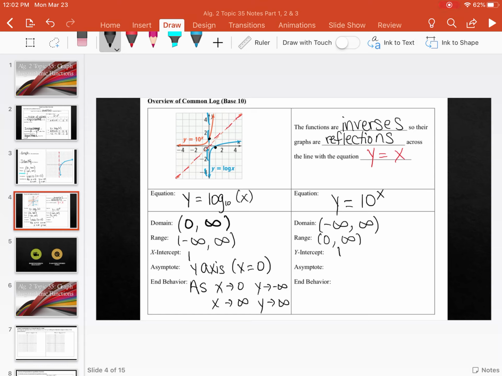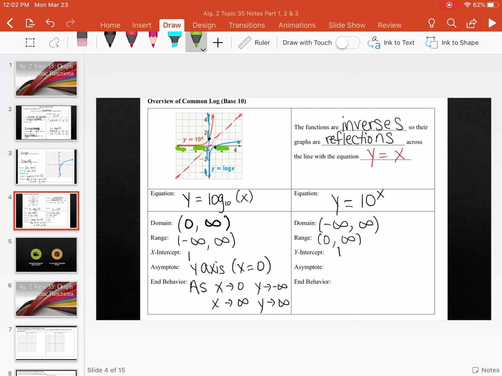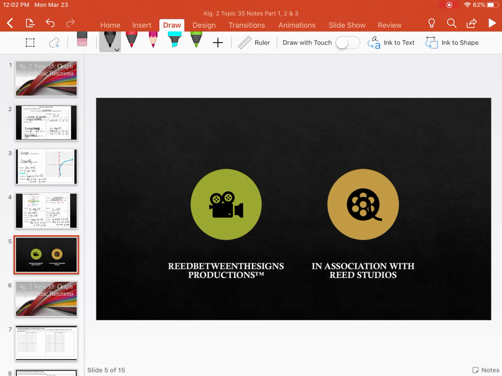We also have an asymptote here, at the x-axis as opposed to the y-axis, where y equals 0. And our end behavior is, as x goes to negative infinity, y goes to 0, and as x goes to positive infinity, y goes to positive infinity. And that is graphing the logarithmic functions.